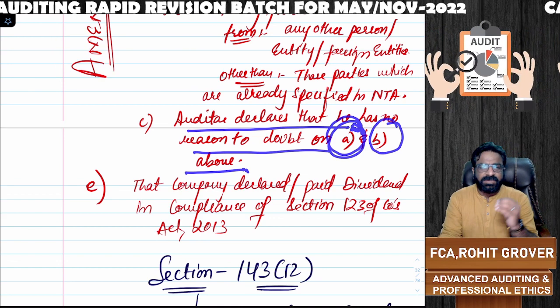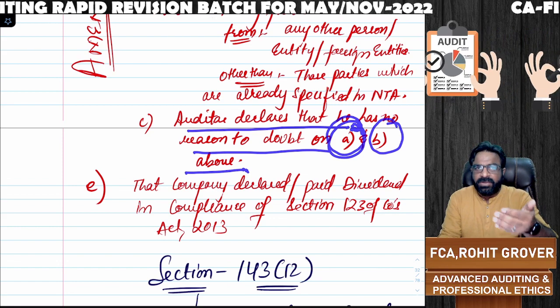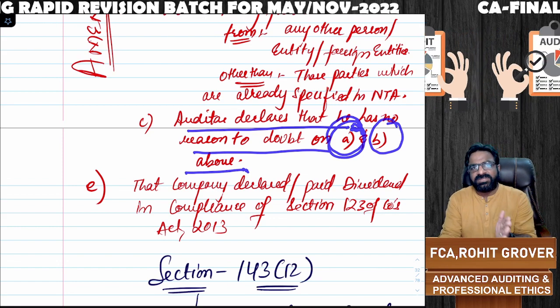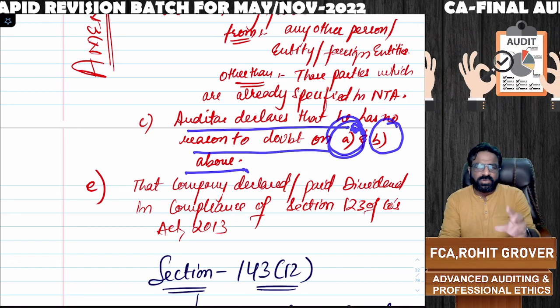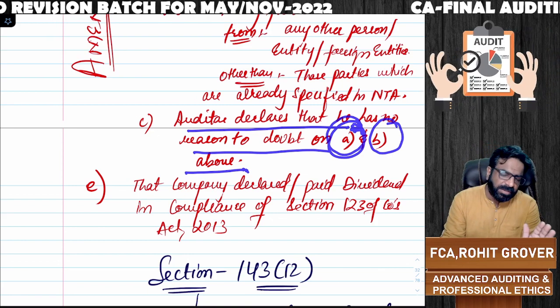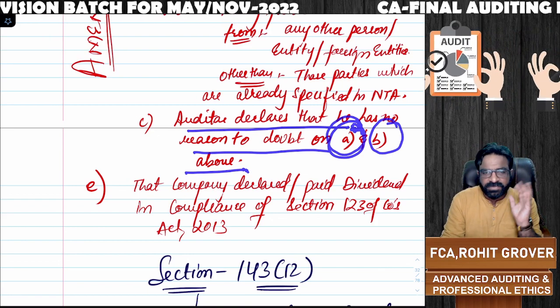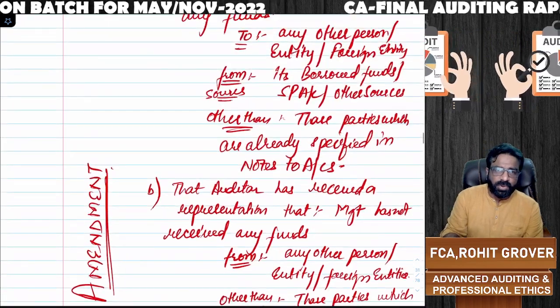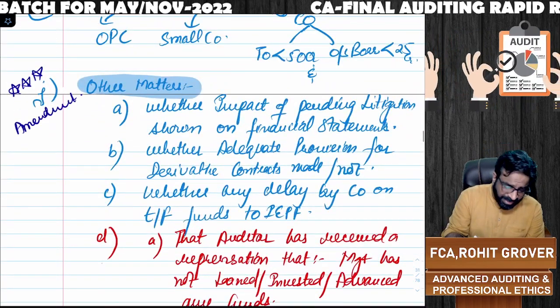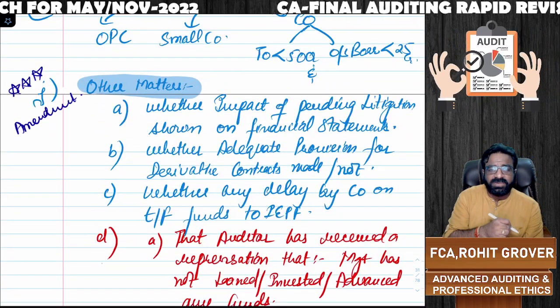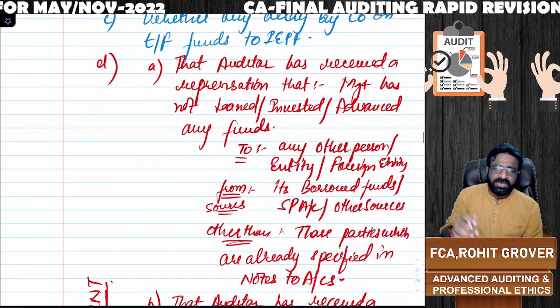So if the management is declaring that neither we have given nor we have taken from any person other than which are already mentioned in notes to account, auditor should take the WRL and the chapter is closed. This is the amendment which was brought in the clause number J under the subclause number D. Under the subclause number D, there are 3 points.